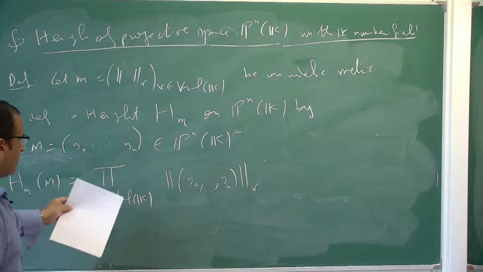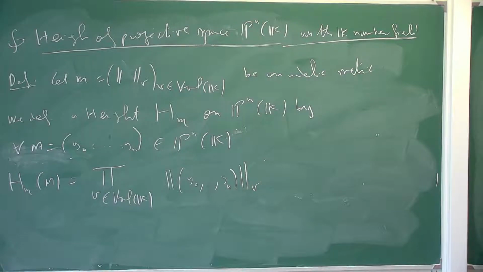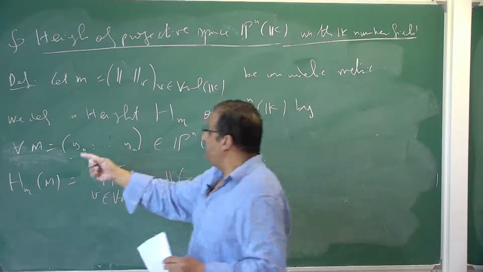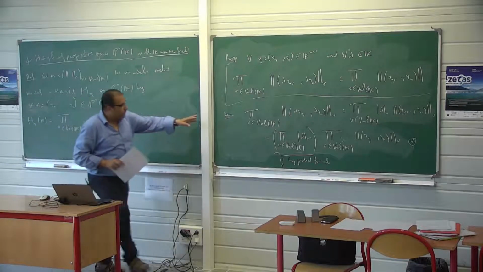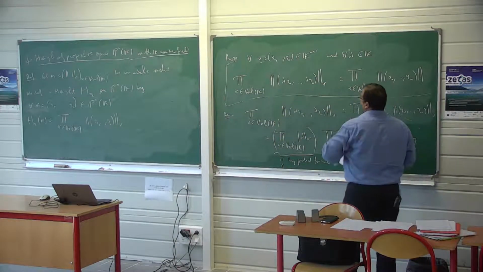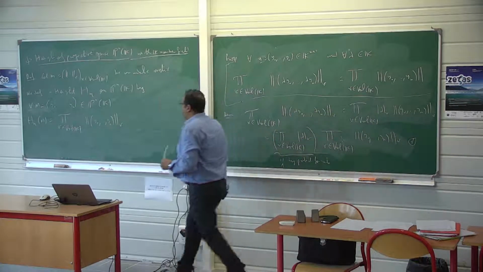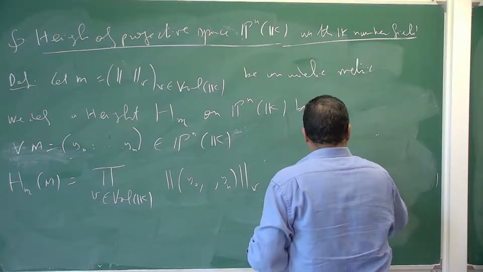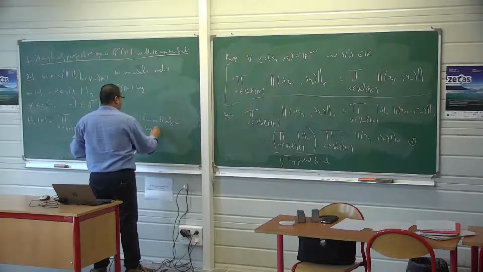And this is well defined by using this proposition, because the homogeneous coordinates are defined up to a multiplicative constant, and this proposition tells us that the result of the product is independent of the constant. So this is well defined by the proposition.